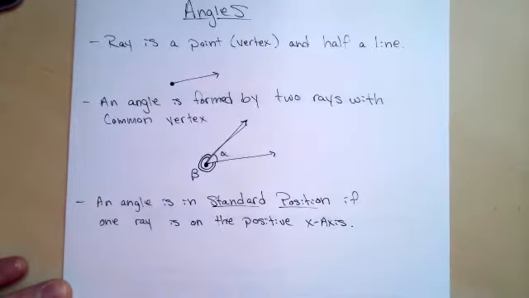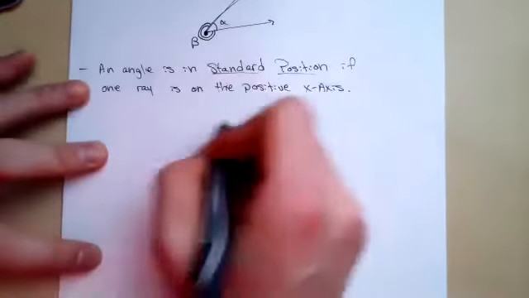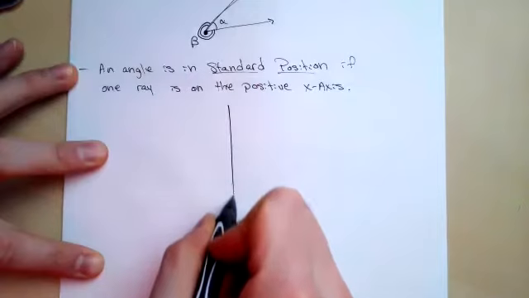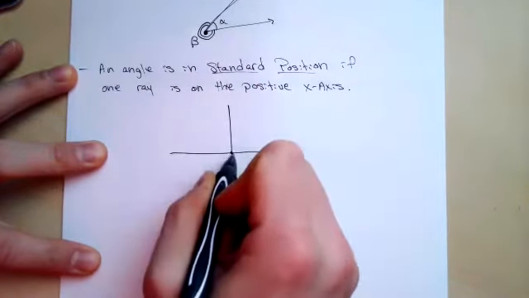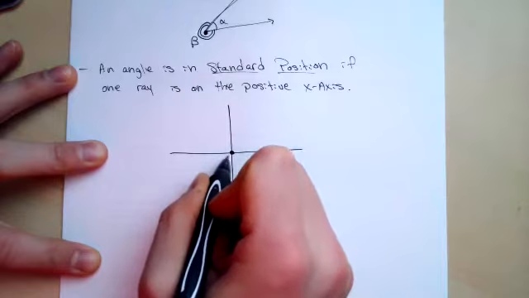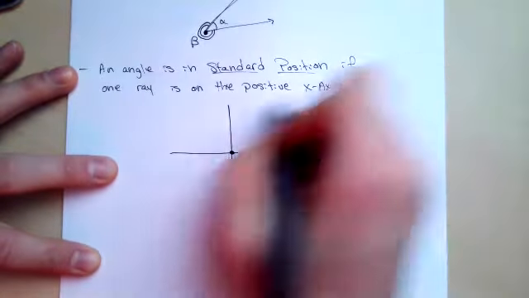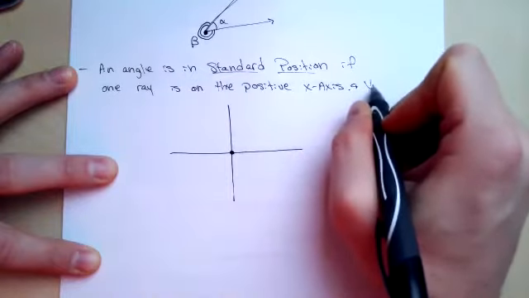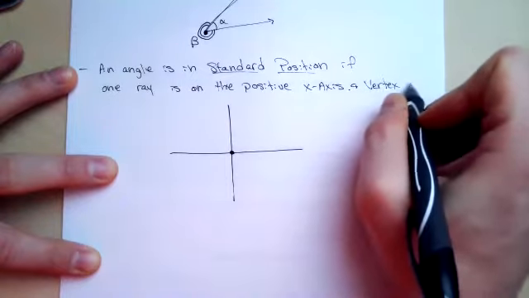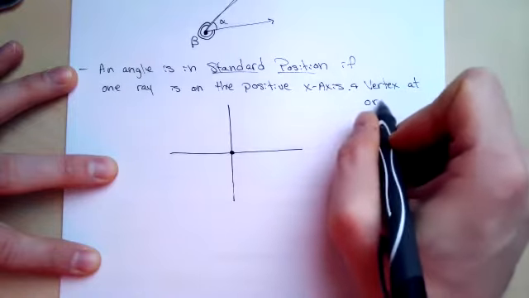So we want to do everything relative to our Cartesian plane. And for almost all angles we will be using, the vertex is at the origin. I guess we should specify that as well. So, vertex at the origin.